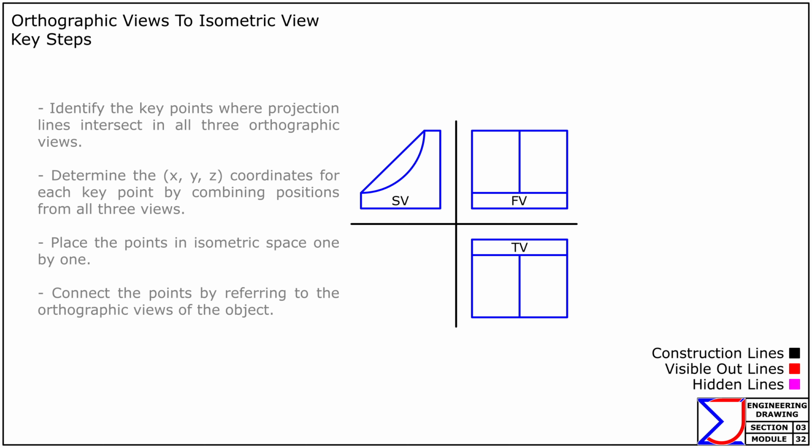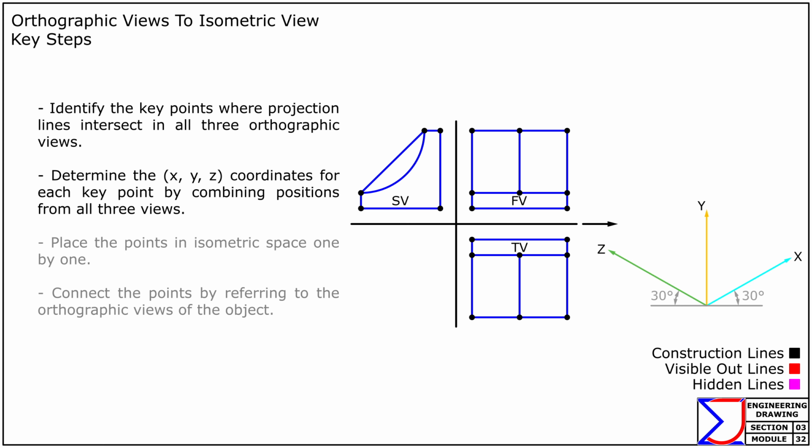Key steps. Identify the key points where projection lines intersect in all three orthographic views. Determine the x, y, z coordinates for each key point by combining positions from all three views.